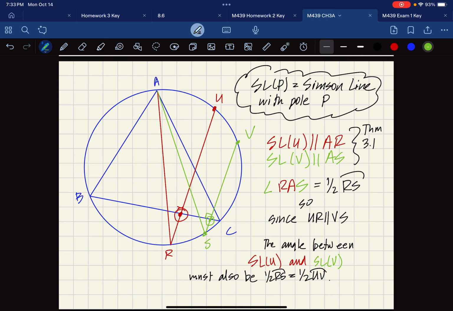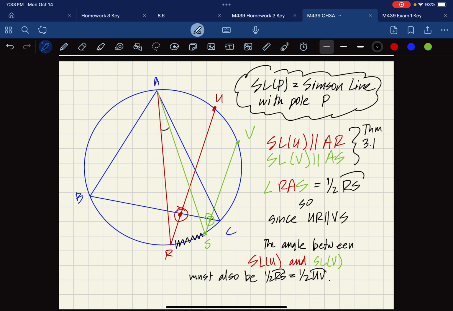And it's pretty easy to see that the angle RAS is equal to half the arc RS, right? So that's this arc right here will be related to that angle right there by a factor of 1/2.